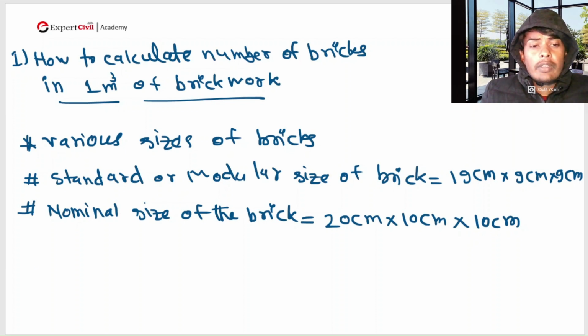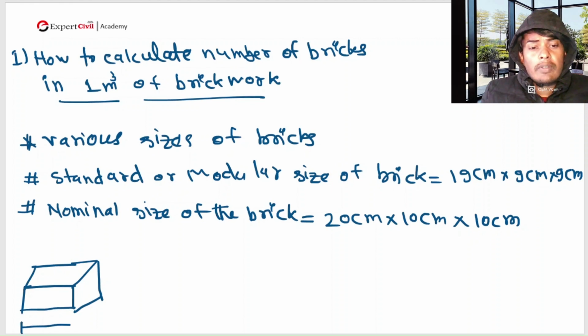So here we will take the example of the brick. This is our brick and the longer dimension is 19 centimeter, and the longer dimension is called the stretcher and the shorter dimension is called the header, and these two dimensions are 9 centimeter and 9 centimeter.